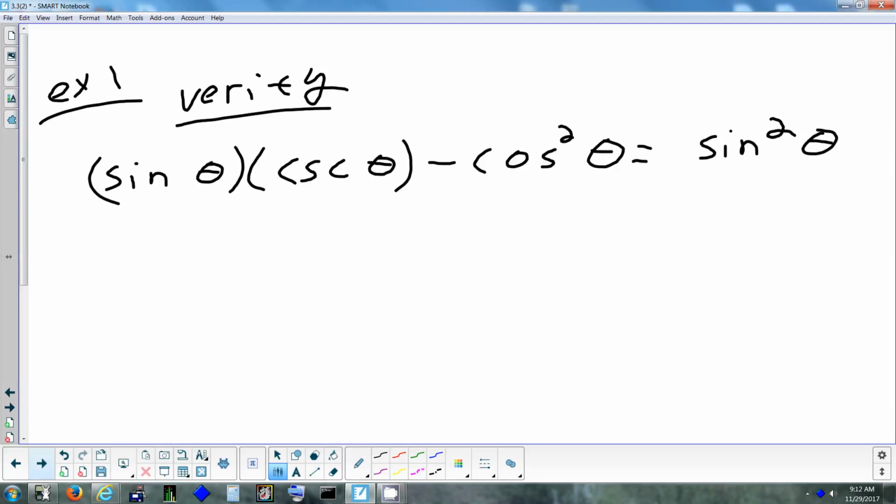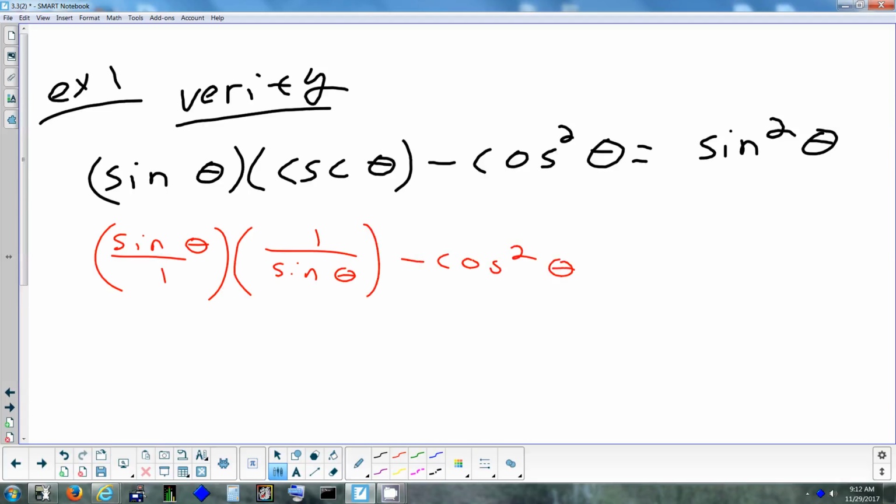Rudy? Yeah, I think that's a good idea. Let's change cosecant to 1 over sine. And if I'm going to make that a fraction, I'm going to make what's next to it a fraction as well, only because I'm going to multiply them together.